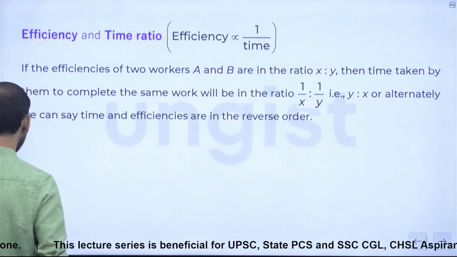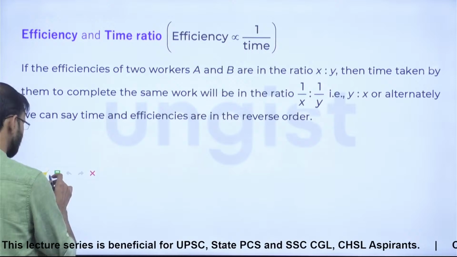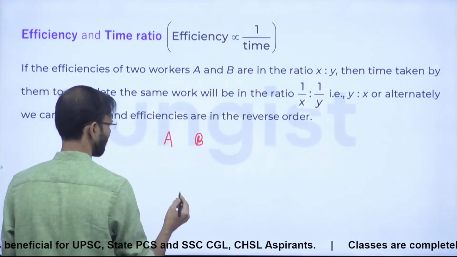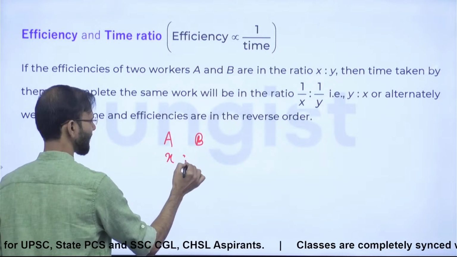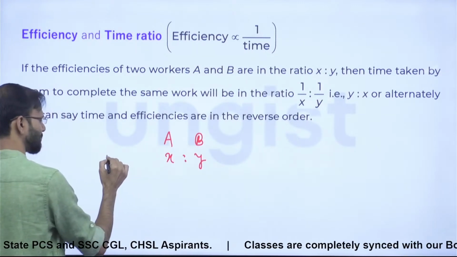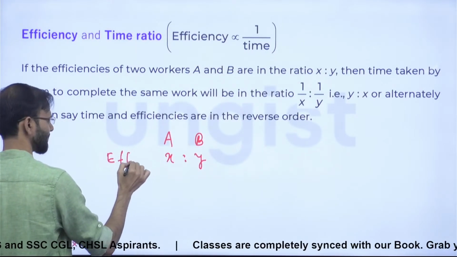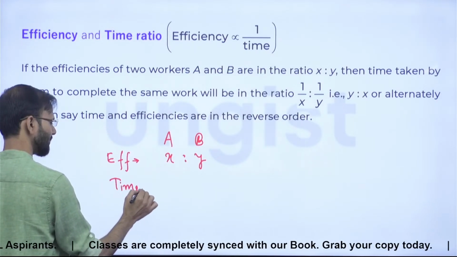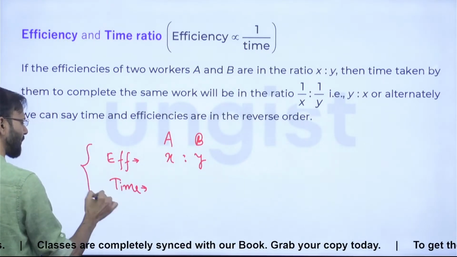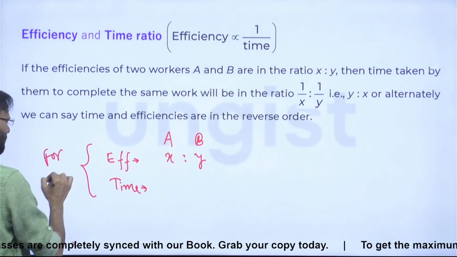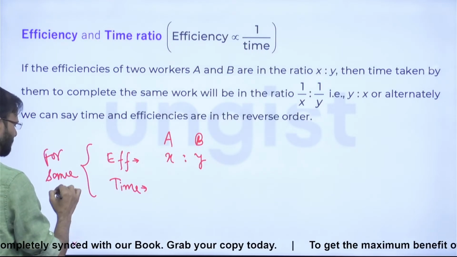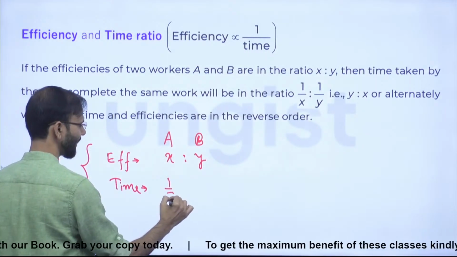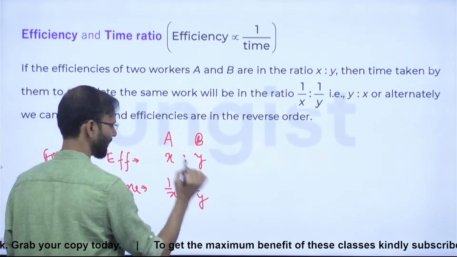For example, let's say there are two workers A and B. Their efficiencies are in the ratio x is to y. For the same work, to perform the same task, they take the time in the ratio 1 by x is to 1 by y.